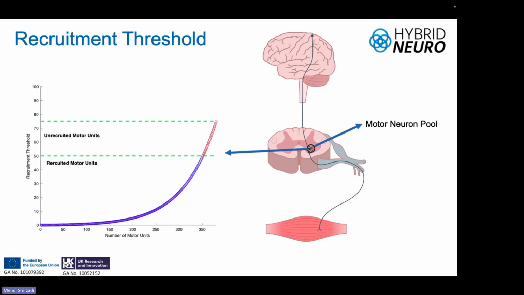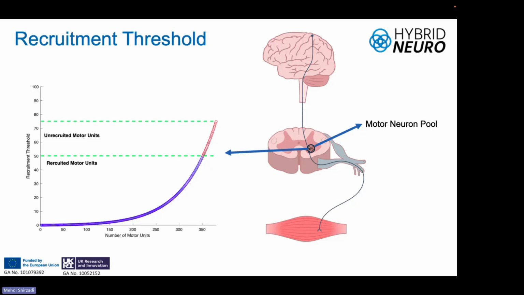So each pool consists of a different number of motor neurons or motor units, which, for example, for this muscle is 380, and based on the specific contraction that you are doing in your exercise, you can activate a portion or the whole of it.